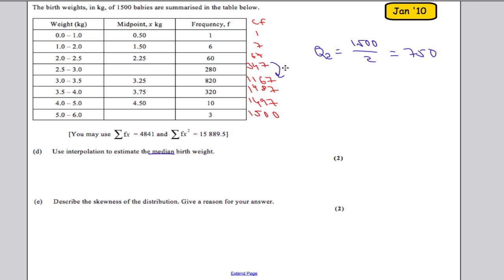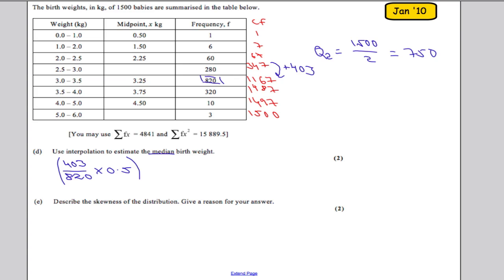So if I add on 403 to this, that will bring me up to 750. So I need 403 out of, well, how many people are in this group altogether? There is 820 frequencies, so I need 403 out of the 820. So that's the proportion I need of this class interval. So I'm going to multiply it by its class width, which we can clearly see is 0.5.